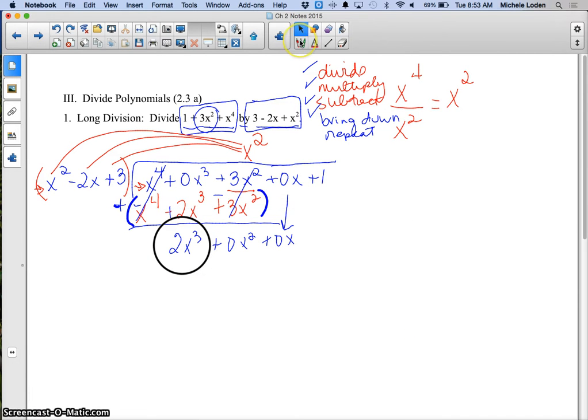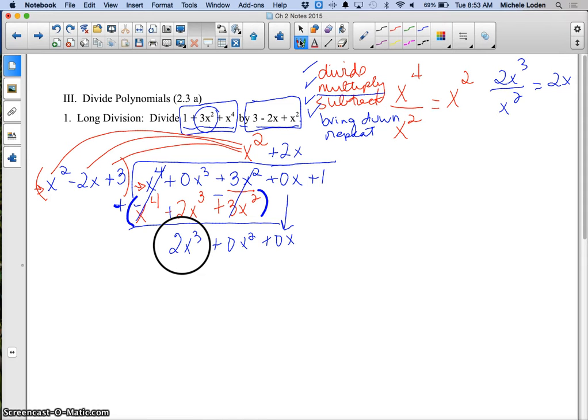So we are now dividing 2x cubed by x squared again. 2x cubed divided by x squared is 2x. To keep my polynomial like terms lined up vertically, I will place the 2x above the 0x. And now we have divided.